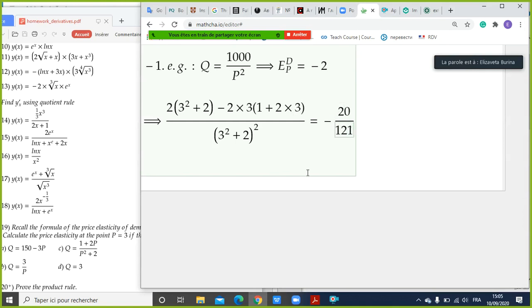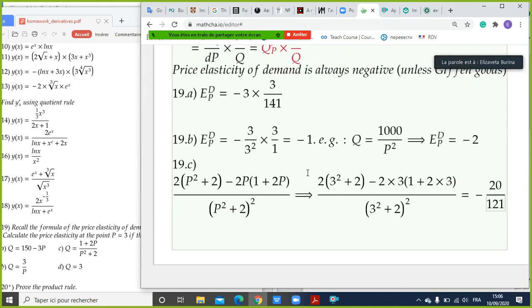And it is a demand function. Our relation is negative. Actually, we could see that it is good because the major power of p is 2 and it's in the denominator. So for sure it will be a 1 over p looking function.